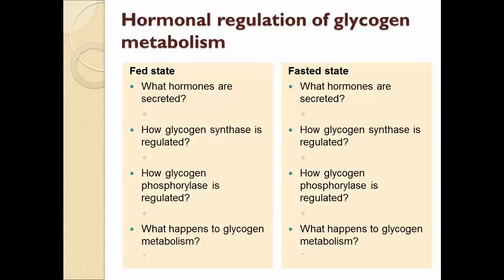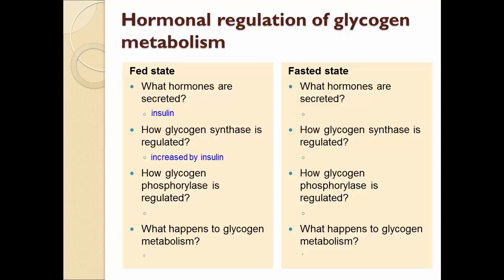So this, I think, is a comparison of fed and fasting conditions, which hormones are secreted, and how glycogen synthase and glycogen phosphorylase are regulated. Again, you try to connect this to the physiological condition and remember insulin is up in the fed condition, right?